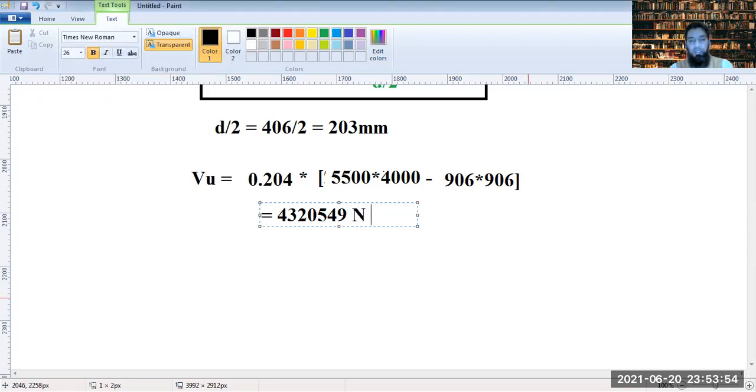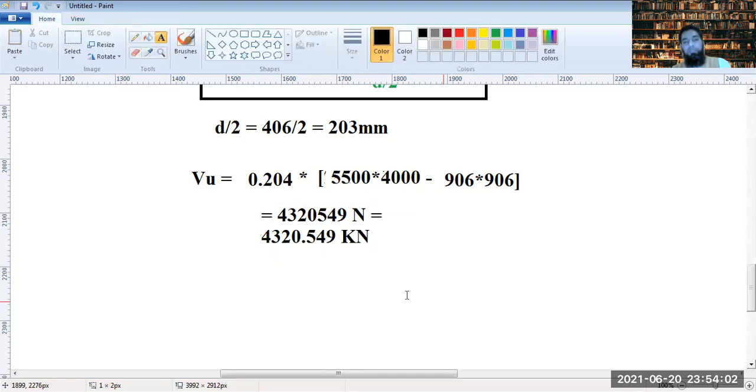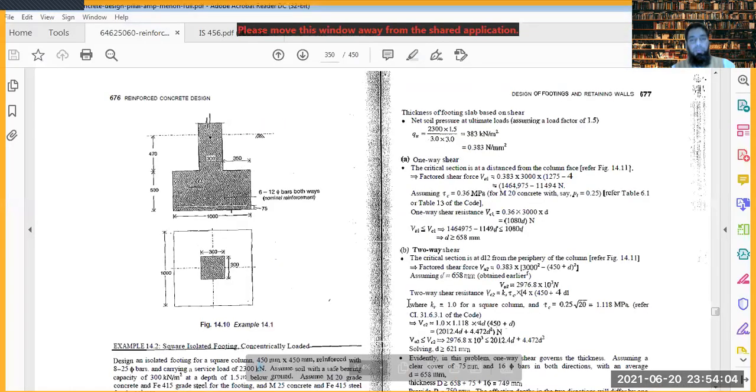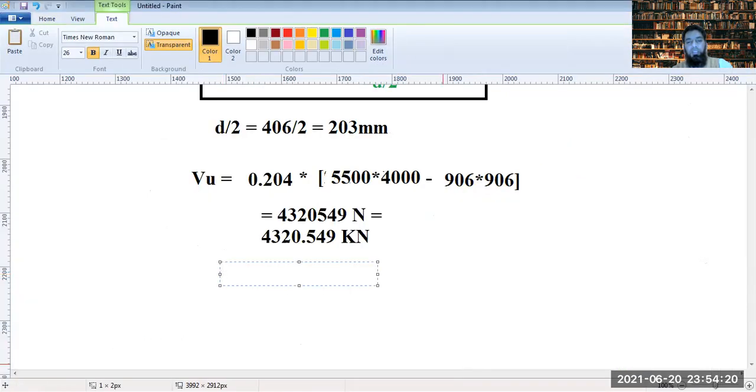This is in newtons. That would be 4320.549 kilonewtons. This is the value of shear force you're getting along this dimension. Then this is the two-way shear one is getting.